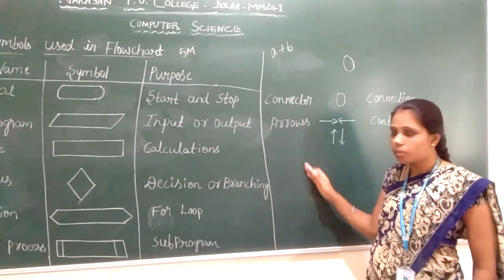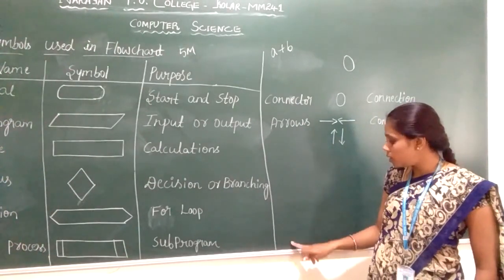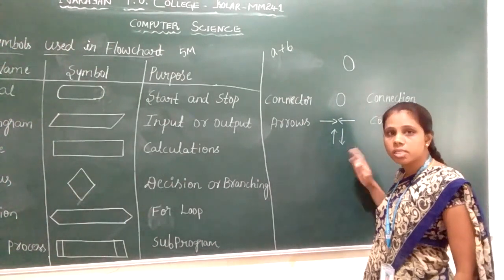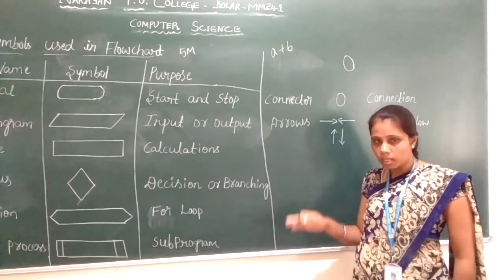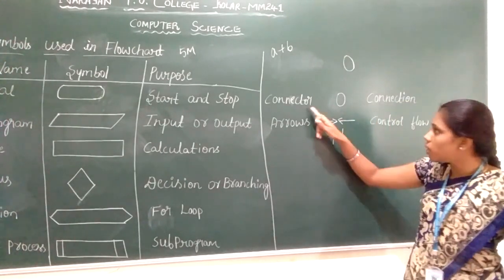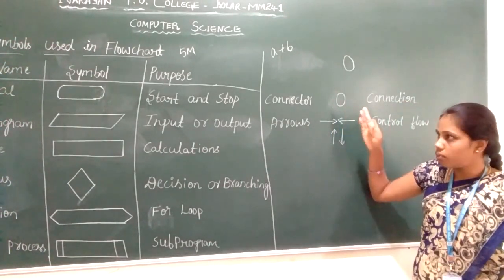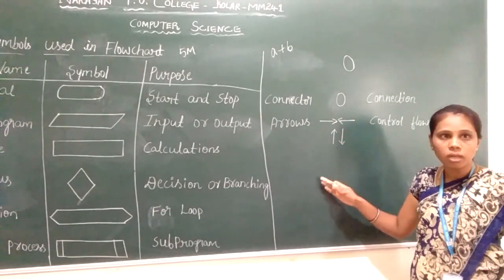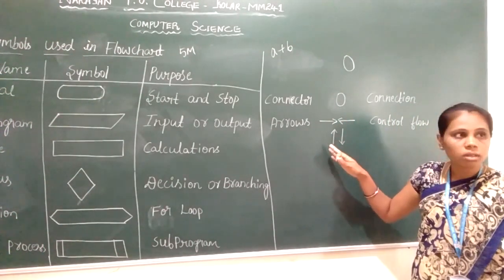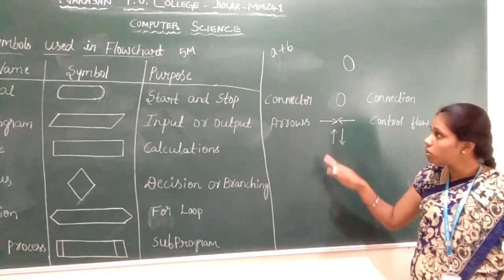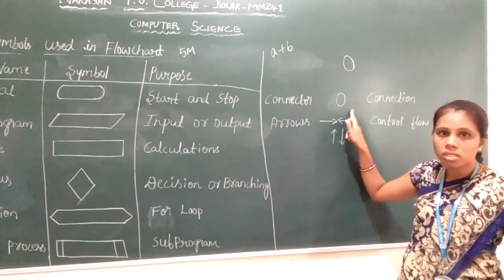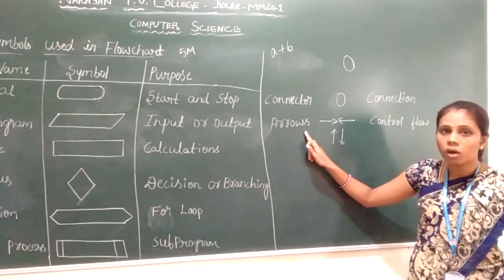Sometimes the flowchart is very big and at the end we cannot continue, we cannot represent it in a single page. If we want to continue on the next page, we use this symbol, that is called connector.